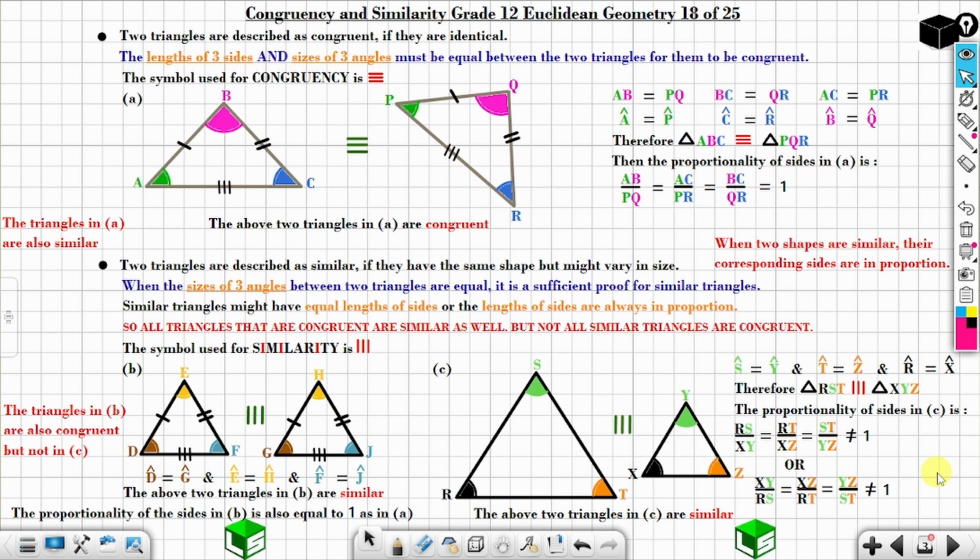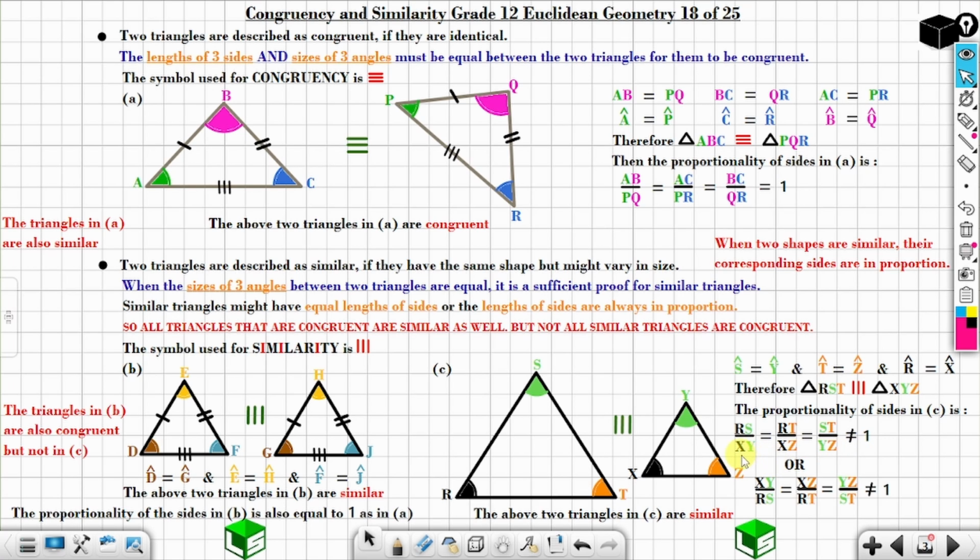Another thing that you have to pay attention is, can you see RS, RT, ST? What you have in the numerator is from one triangle. Okay, RS, RS, RT, RT, ST, ST. What you have in the denominator is from another triangle.